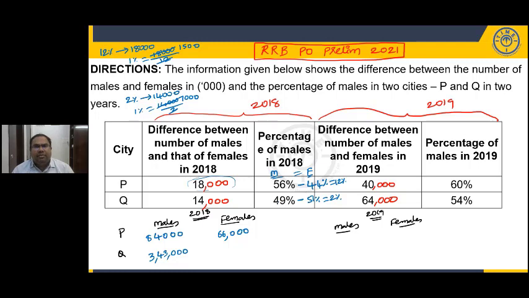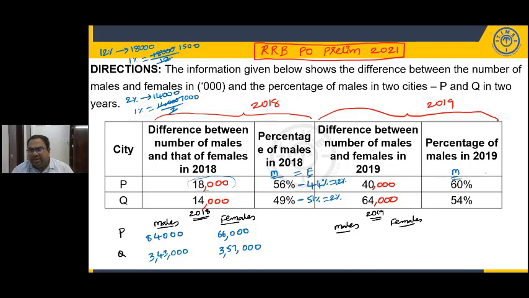Now 51 into 7, 350 plus one more 7 extra is 357. Is the difference 14? Yes, 14. Is the difference 18 here? Yes, 18 here. Similarly, find out for 2019.